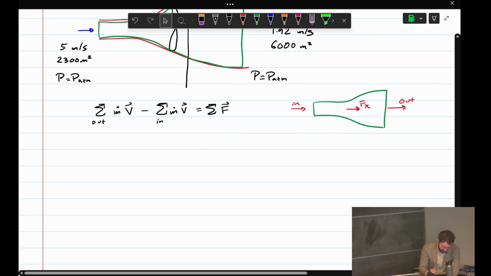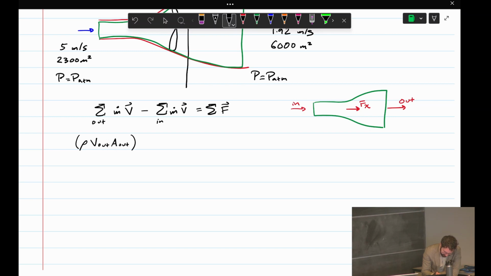Okay, so the mass flow rate in is going to be the mass flow rate out, which is rho V out A out. So remember, m dot is just rho V A.